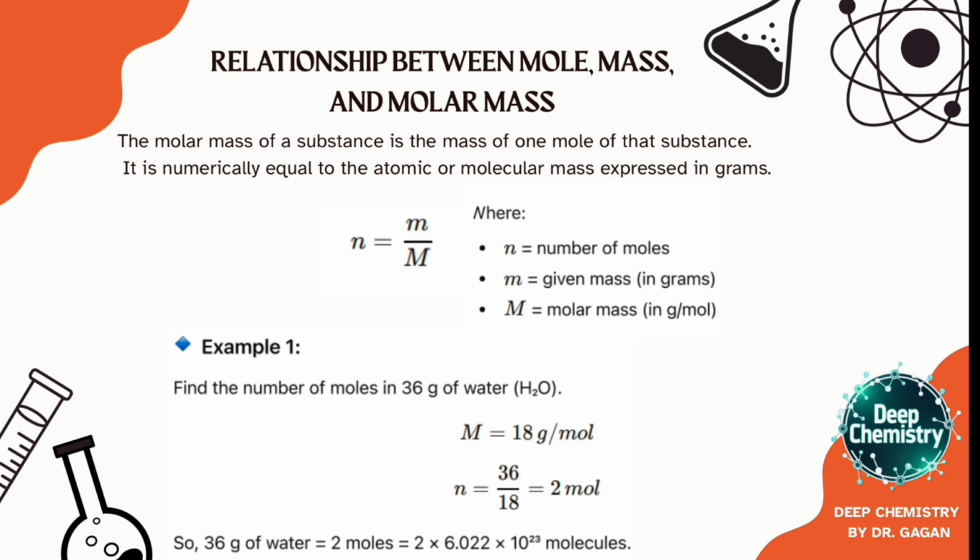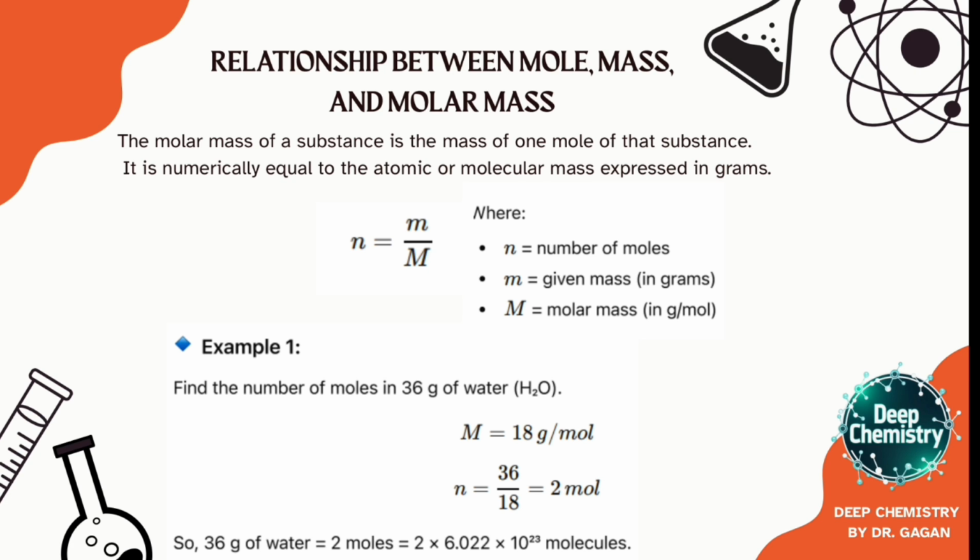Now let's see how mass is related to moles. Every substance has a molar mass, which is the mass of 1 mole of that substance. It's simply the atomic or molecular mass expressed in grams. We use this simple formula: number of moles equals given mass upon molar mass.